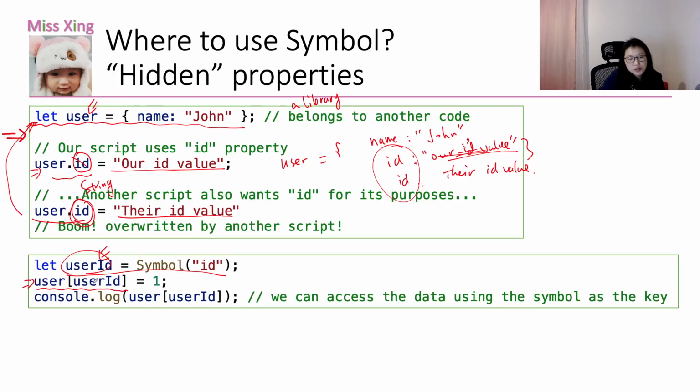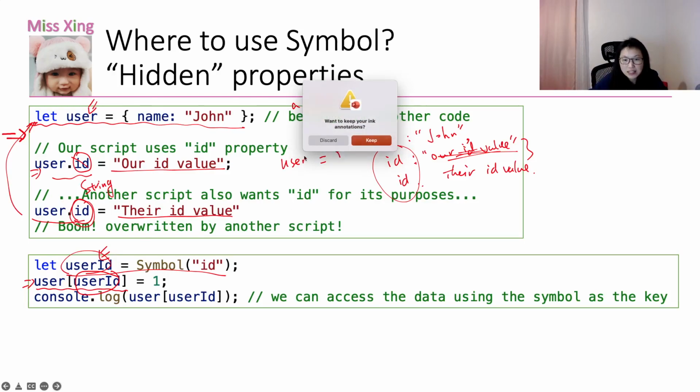And we're using user[ID] equals 1, and we know symbol will guarantee this key being used inside the user object is going to be unique. To access it, you can use it the same way. And if another object is still using another user ID, it won't clash, okay? It won't have any problem because a symbol is guaranteed to be unique.